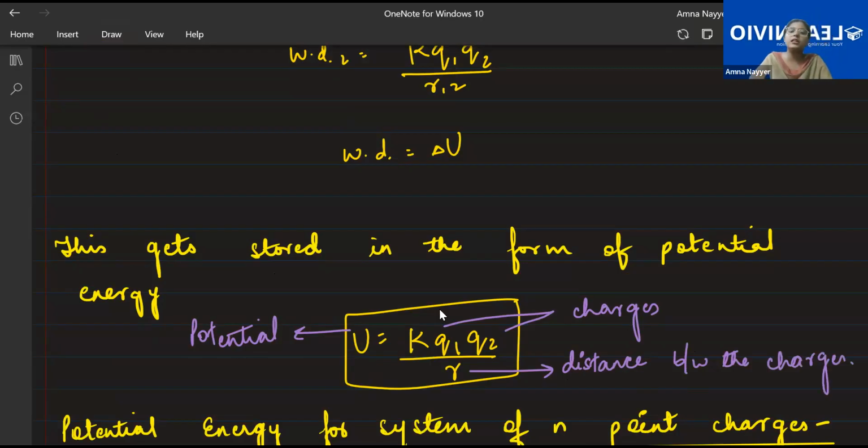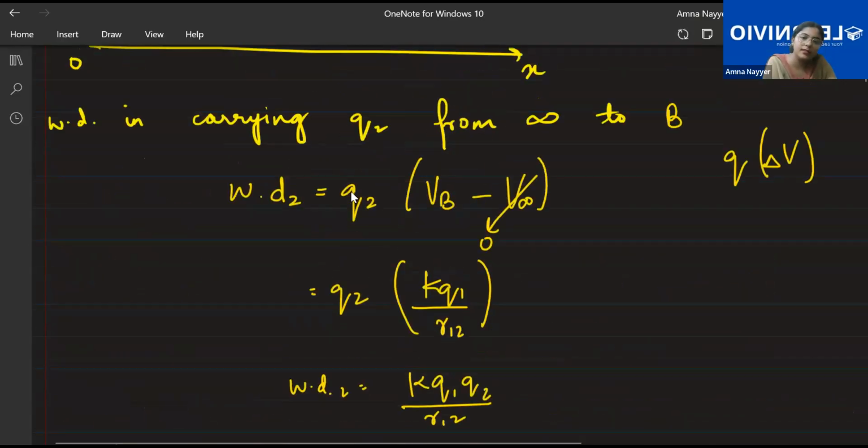Okay, so is it clear? If you have any two charges, how to calculate the energy? K Q1 Q2 by R. And K is still the same, 1 over 4 pi epsilon naught, which is 9 into 10 to the power 9. Is it clear for two charges?